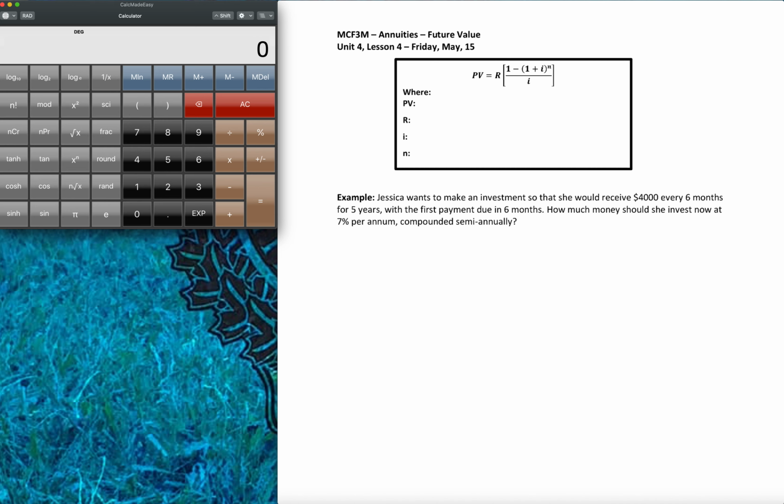PV is going to be, again, the present value. R is going to be the regular payment. I is the interest rate.